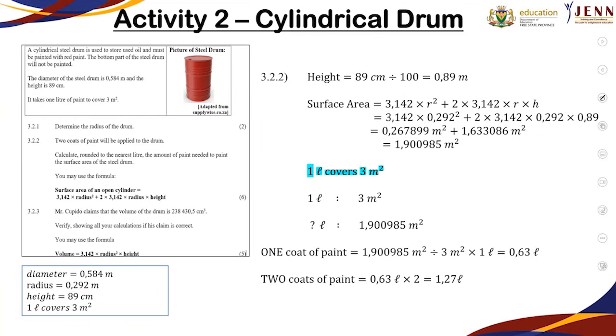All right, so let's plug into our formula. It's 3,142 multiplied by 0,292, and I'm squaring it. Don't forget to square it.